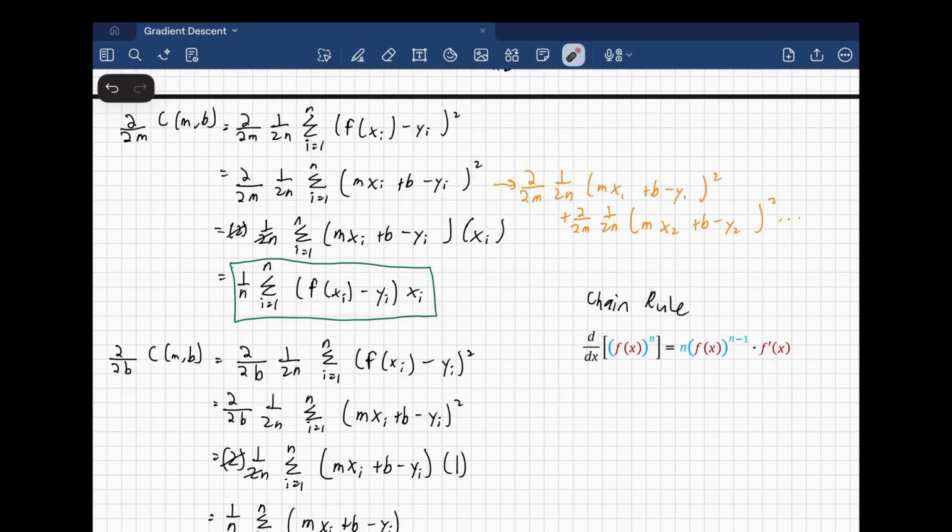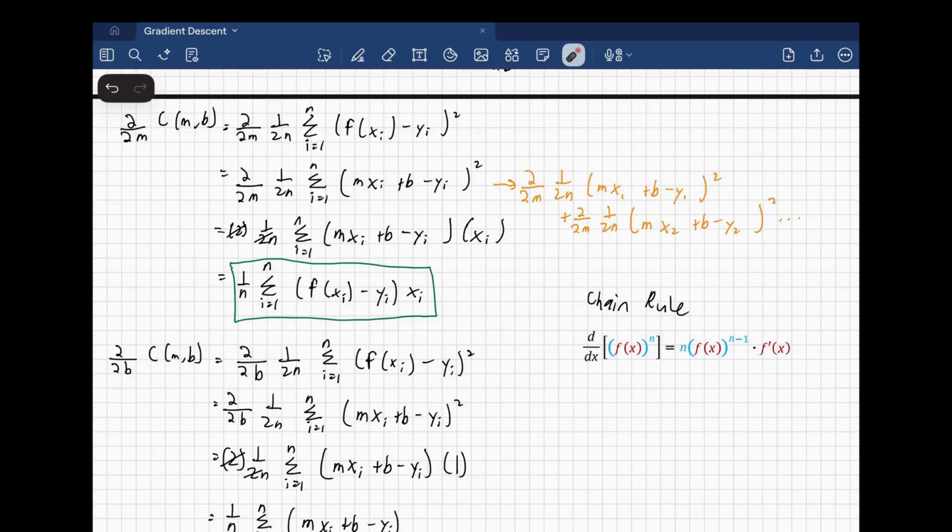Okay, now we move on to deriving the partial derivatives of the cost function with respect to m and b. First, we must recall that in a partial derivative, for example the partial derivative of the cost function with respect to m, we just differentiate the function with respect to m and treat other variables such as b, xi, and yi as constants. Then we also need to recall the chain rule.